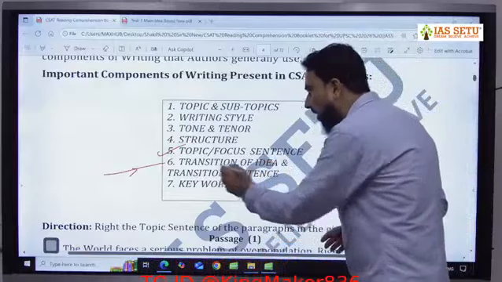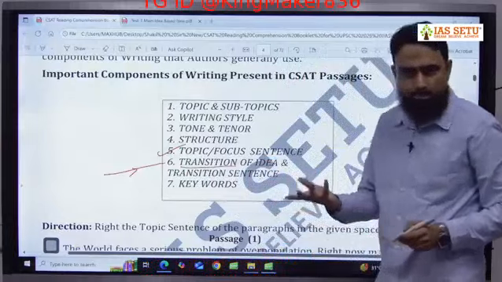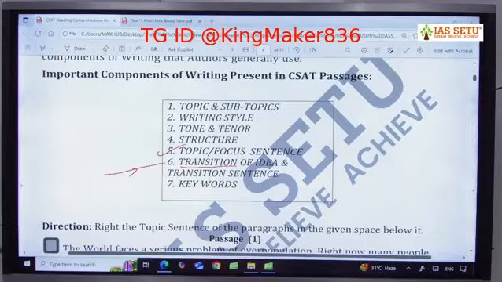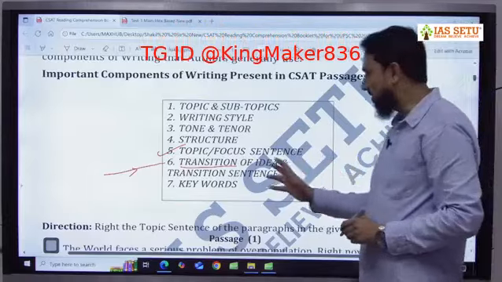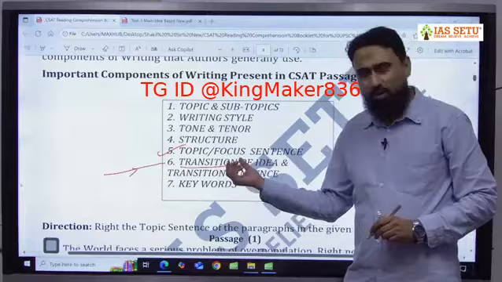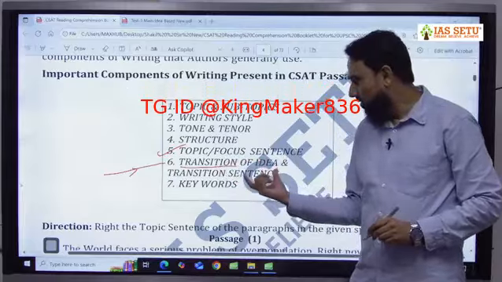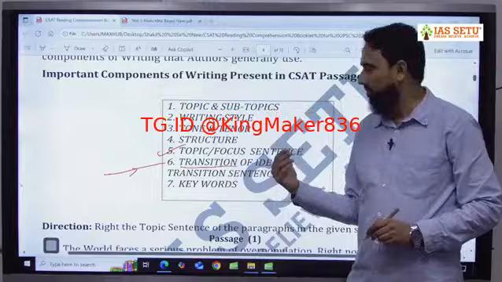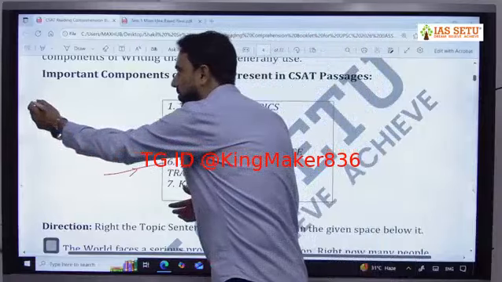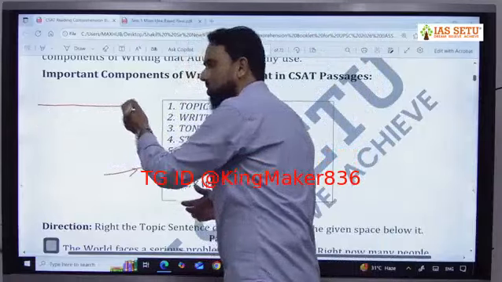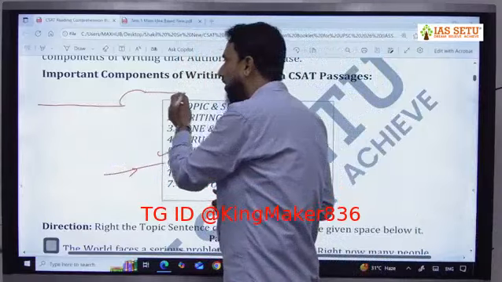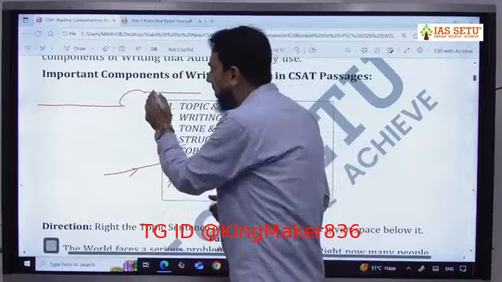A transition, the name, everybody knows transition. Transition, change. From one state you have come to another state. Now that is a transition. You are a future incumbent. Transition of idea and transition sentence. You will notice that when the author starts writing about something, let's say that he is going on this track, the moment he changes the track and goes to another subtopic, this is called the transition of idea.